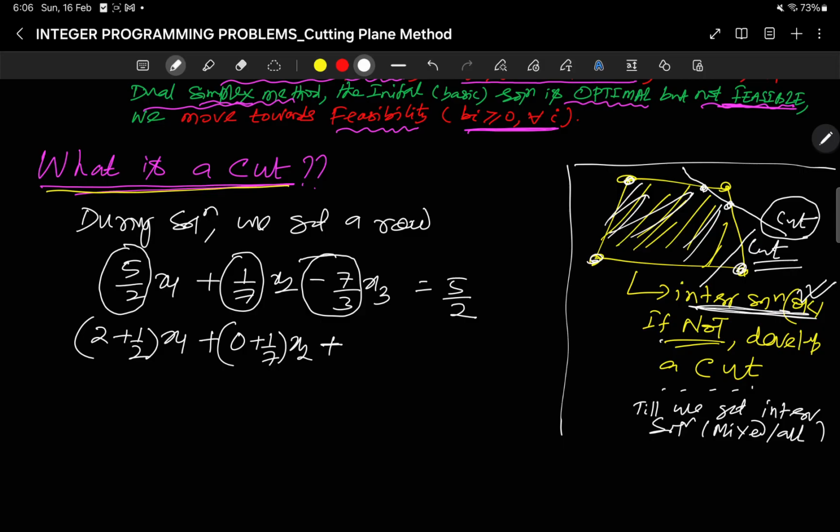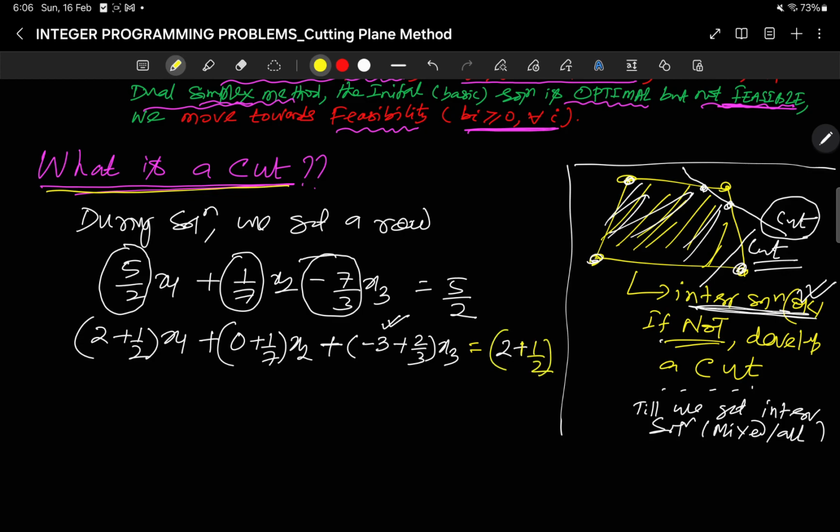So we write minus 3 plus 2/3 x3. The next greatest integer plus the fractional part. And accordingly the right hand side 5/2 is 2 plus a half.